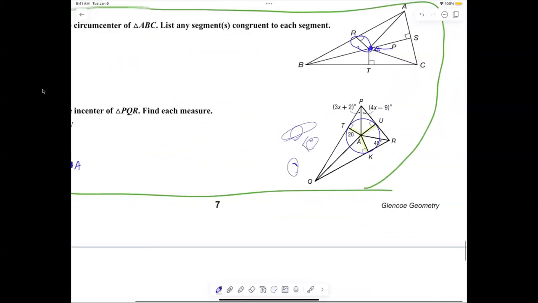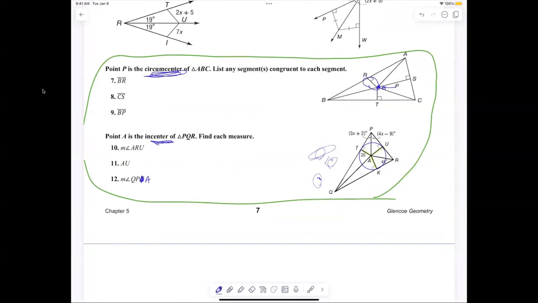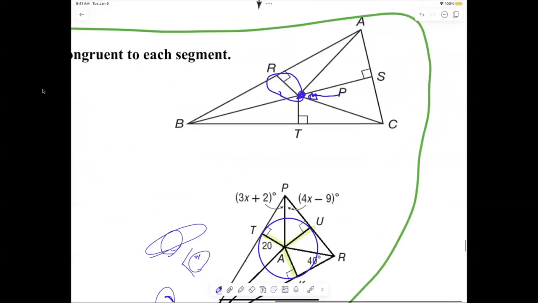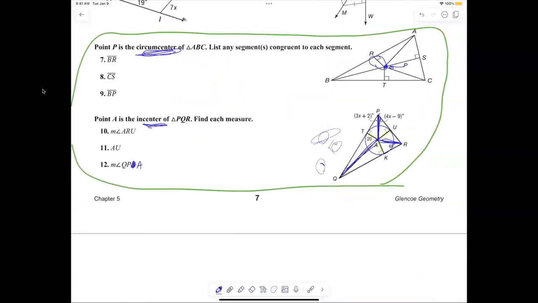So that's why it's important to know this meaning, because the pictures could be drawn bad. And you don't want to be fooled, like over here. These three things, PA and the others, are not equal because it's not the what? Circumcenter. Hopefully everybody agrees with that.